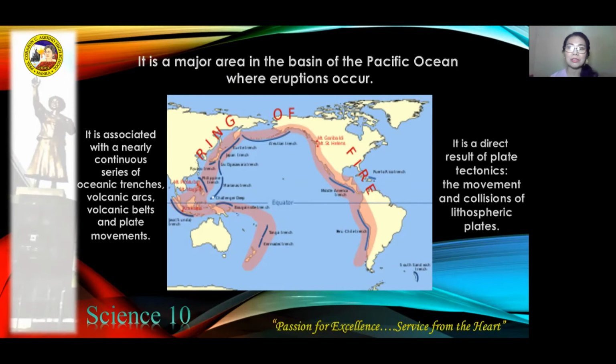It is a direct result of plate tectonics, the movement and collisions of lithospheric plates. So if you notice, this pink colored area is the Ring of Fire, and the Philippines is situated here, and that is the reason why there are so many active volcanoes, volcanic eruptions, and earthquakes in the Philippines and nearby countries.